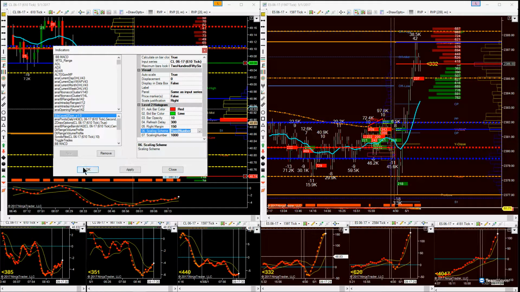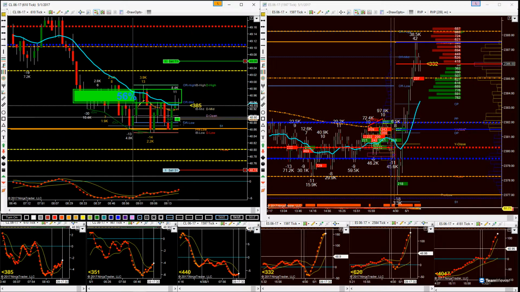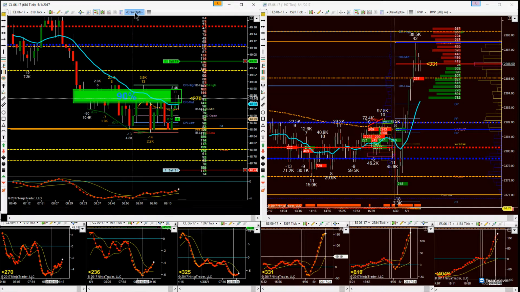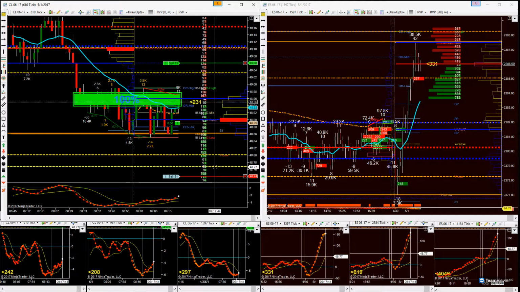I'm just trying to see what the difference will be in the size of these bars. I probably should be doing it on the S&P, although I guess it really doesn't matter either way. Okay, it could be wider than that.